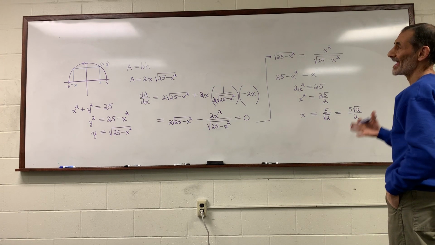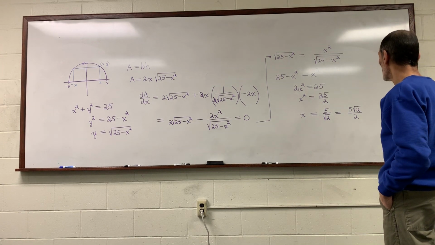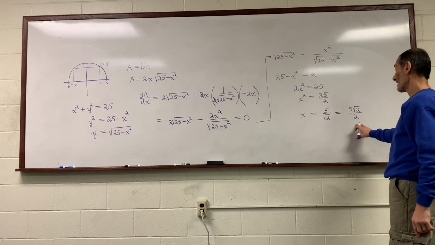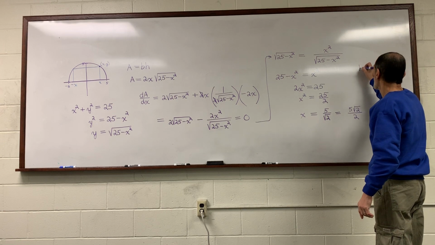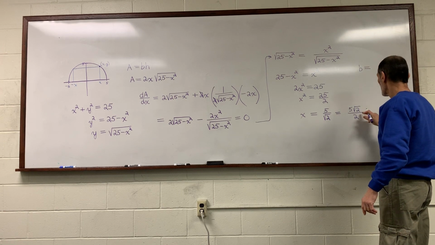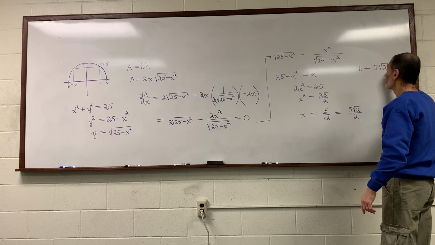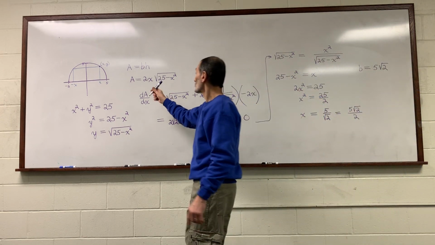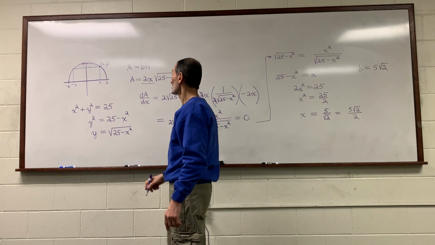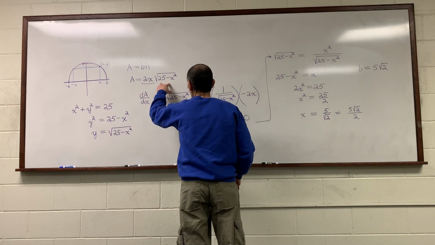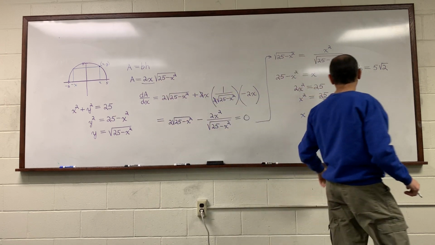If we want to get the actual dimensions of the rectangle, remember that's x. That's not the base. The base is 2x. So the base would actually be 5 times the square root of 2. Again, the base is 2x, negative x to x. The height is the square root of 25 minus x squared.